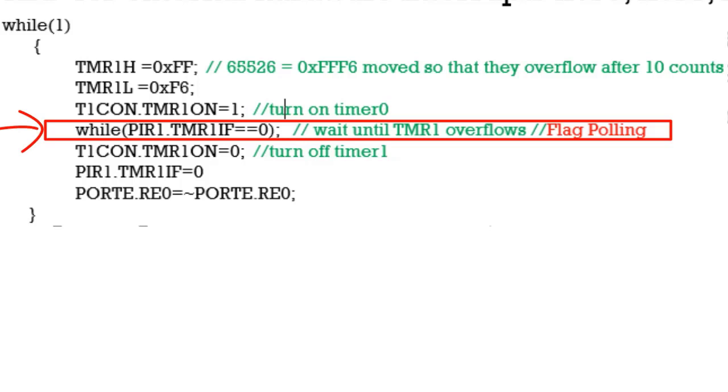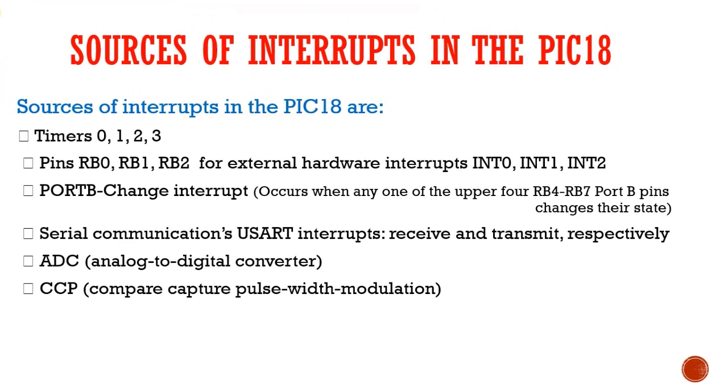In order to escape from this waiting time that can hinder the execution of the further lines of code, we use interrupts. Interrupts do not make us wait anywhere in the code.